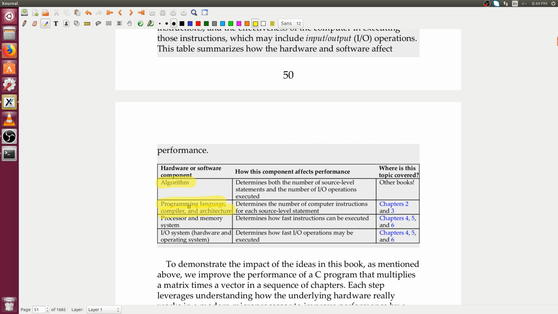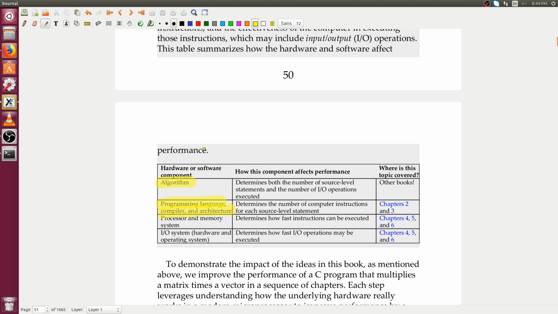The compiler will translate the language that you wrote the program in, like C, into the underlying architecture. So if you're on an x86 processor, it's going to translate it into the x86 instruction set. And it's going to do whatever optimizations are built into the compiler. There's a lot of crazy stuff that compiler people have worked on to make that really, really good.